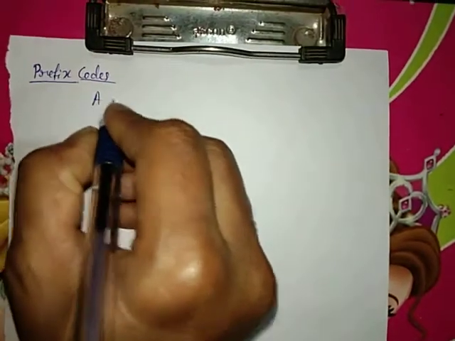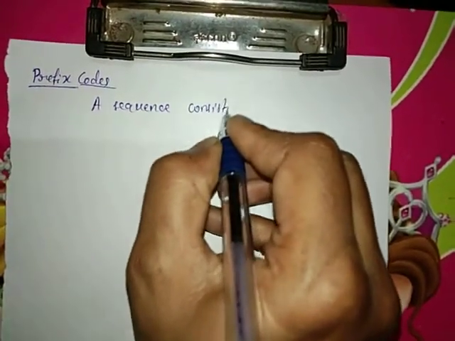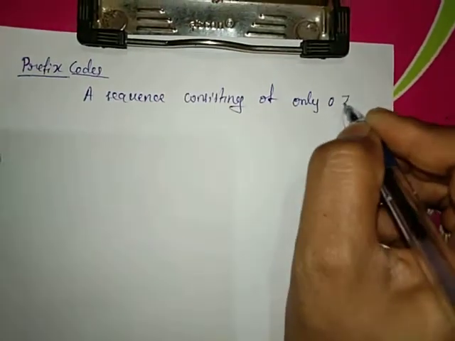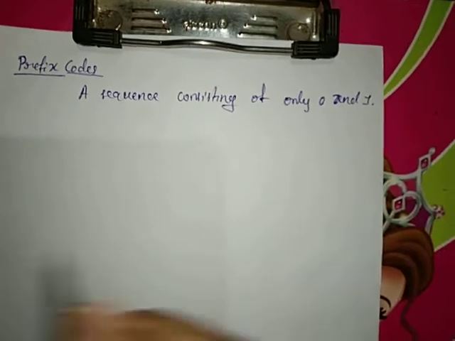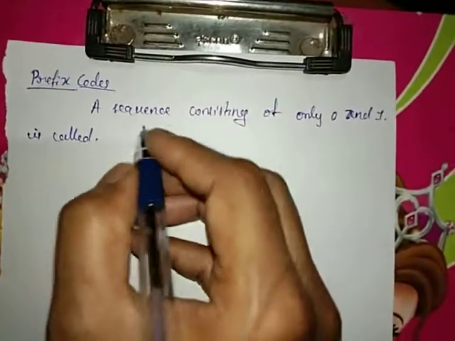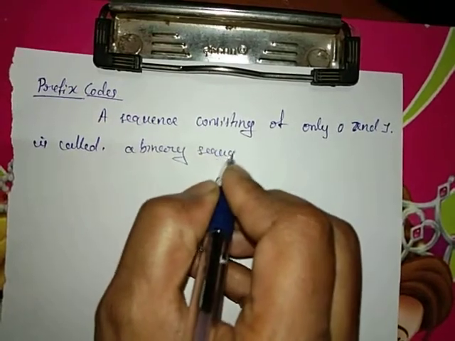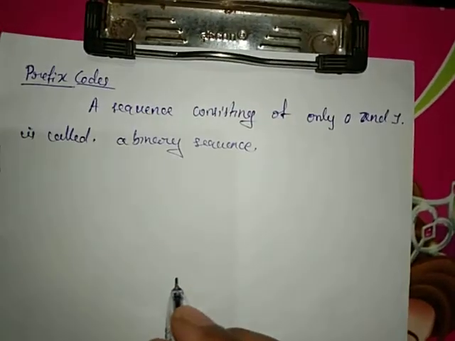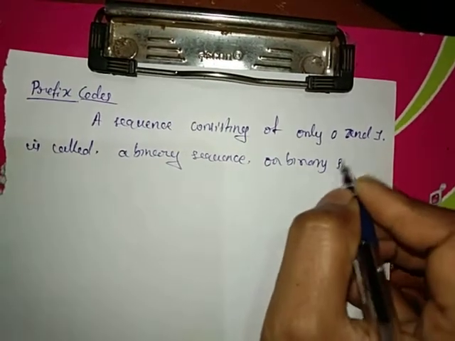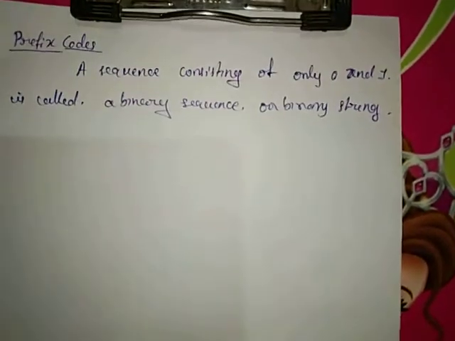Suppose a sequence consists of only 0 and 1. It is called a binary sequence, or a binary string. A sequence consisting of only 0 and 1 is called a binary sequence.